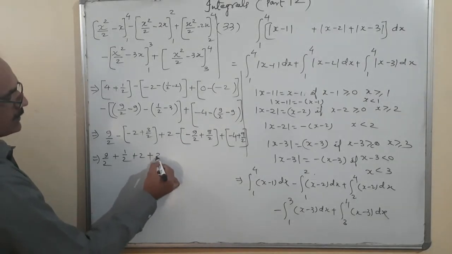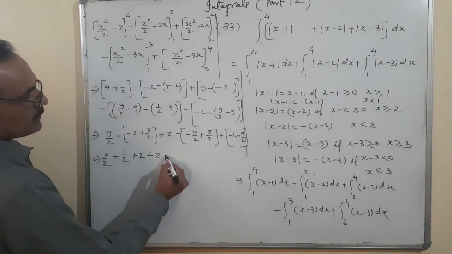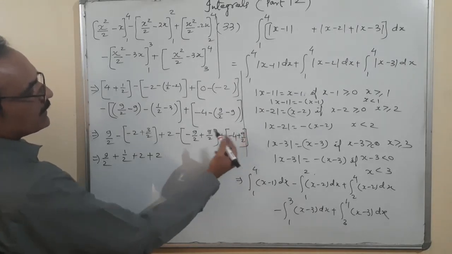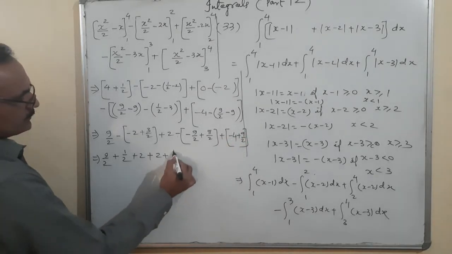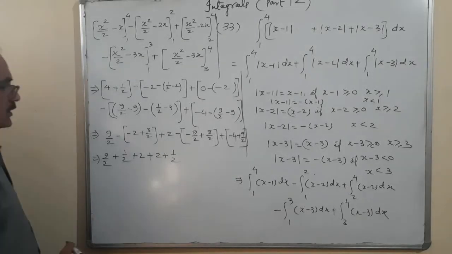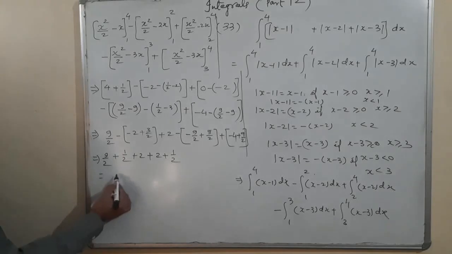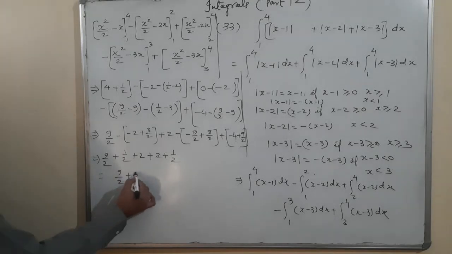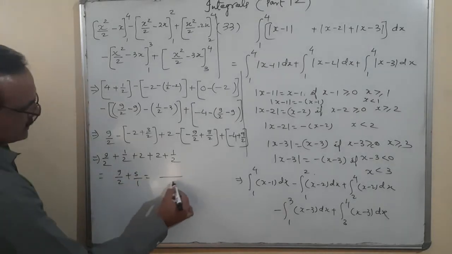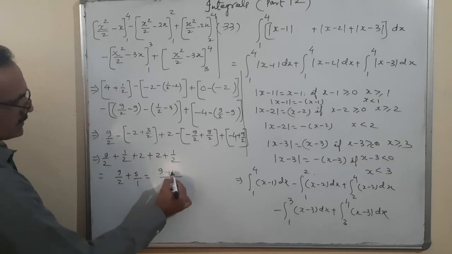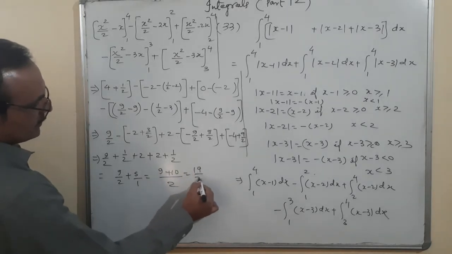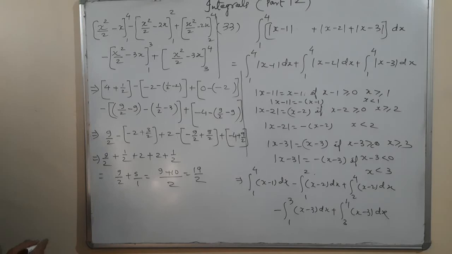So may I write here plus 2, and minus 8 plus 9 upon 2, that is 1 upon 2. Okay. All terms are positive. 2 plus 2, 4 plus 1, 5. So 9 upon 2 plus 5 upon 1, LCM is 2, 9 plus 10, it is 19 upon 2. Okay. So that is the answer of this question, 19 upon 2.